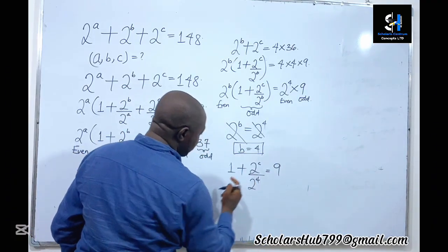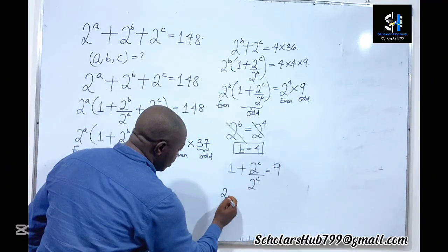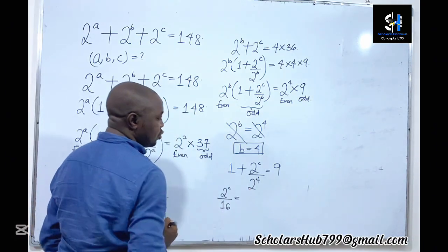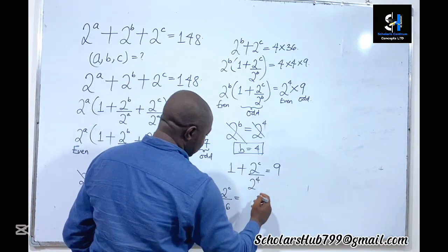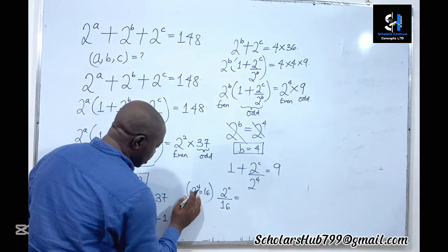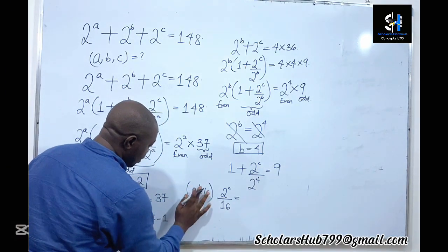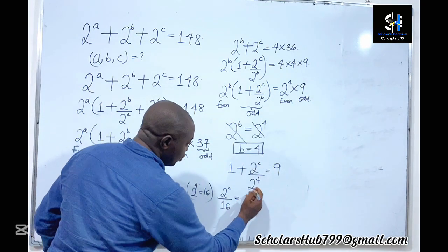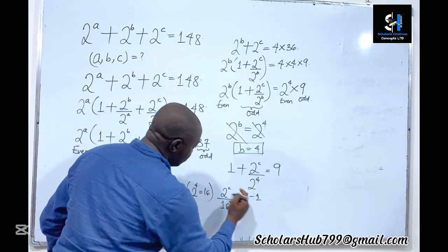So then I'll move the 1 to the right-hand side, so that 2 raised to the power of c over 16, because 2 raised to the power of 4 is 16, 2 times 2 times 2 times 2, will be equal to 9 minus 1.